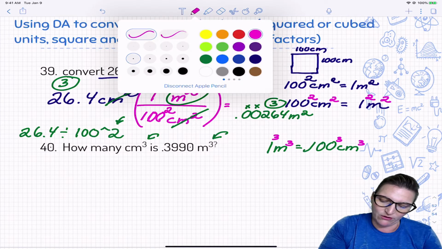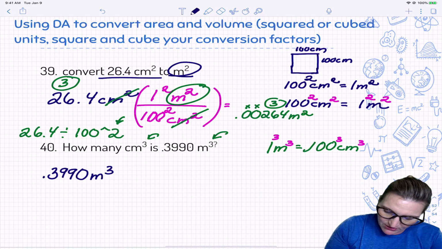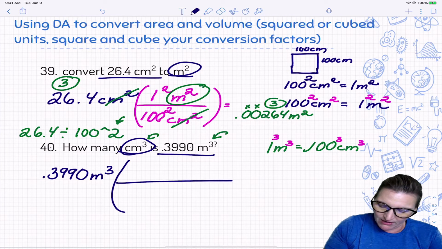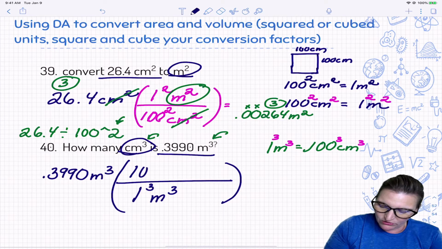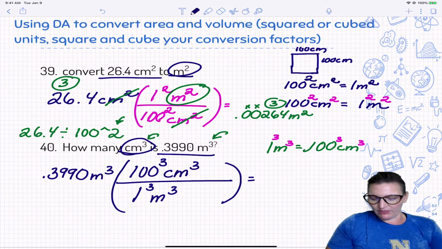So now when I go to do this problem, 0.3990 cubic meters. Circle the do, underline the clue, set up my parentheses. 1 cubed meter cubed is equal to 100 cubed centimeters cubed. This is what I plug into my calculator now.